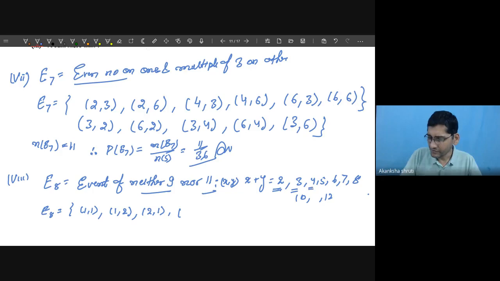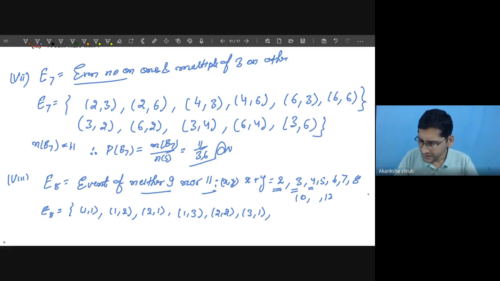For 4: 1 and 3, on first die 2, second die 2, on first die 3, second die 1. It is possible. The next one is 5: 1 and 4, 2 and 3, 3 and 2, then 4 and 1. So 5 is also over.